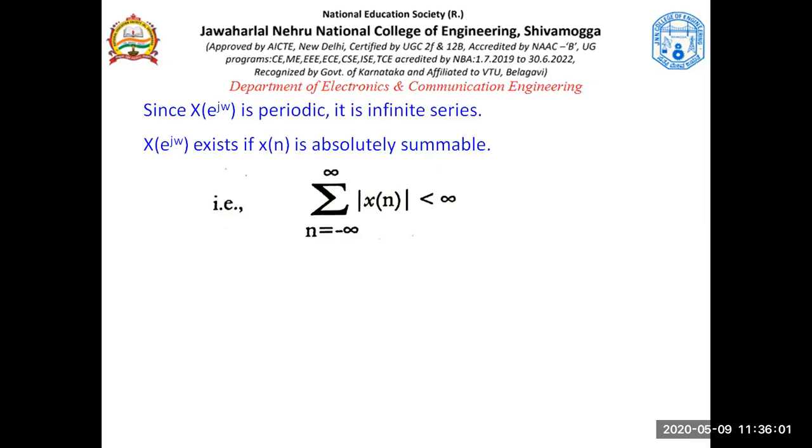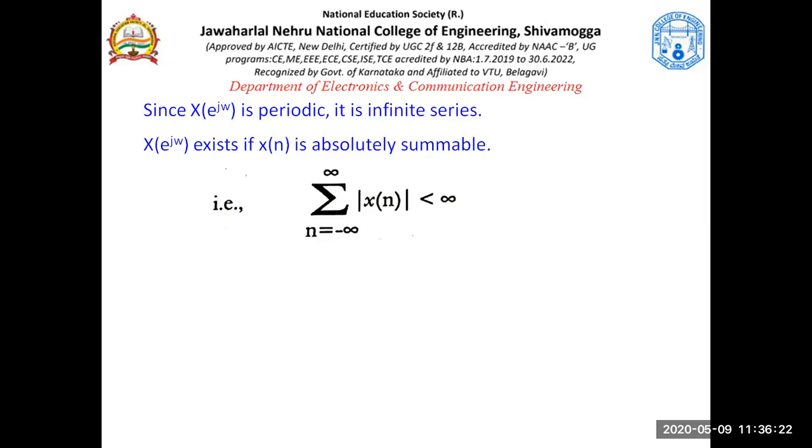Okay, so in this case, x of n, if we say it's absolutely summable, we can also say x of n is converging. When we say it's converging, we can say that its amplitude is bounded. It will not go to infinity. Its amplitude is not infinite, so it is a bounded signal. Understand that?